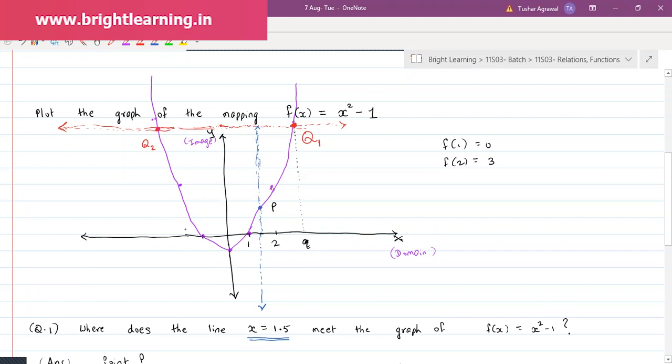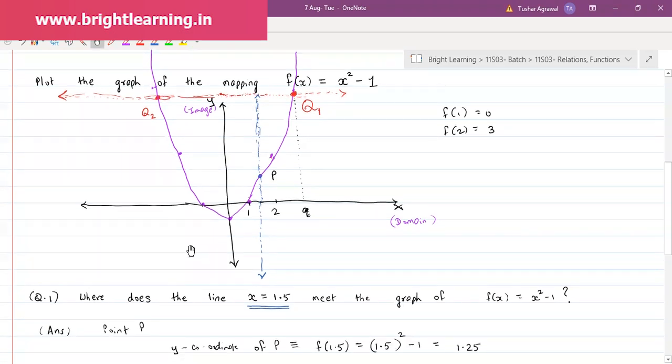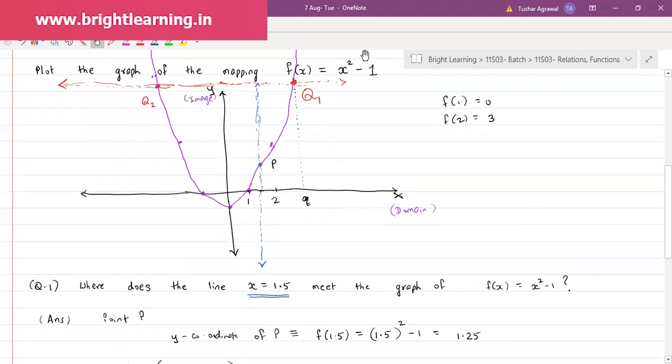Is this clear? If this part is clear, I will move on to the next point.